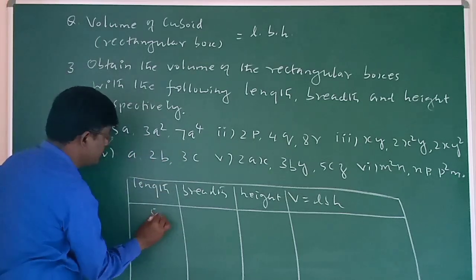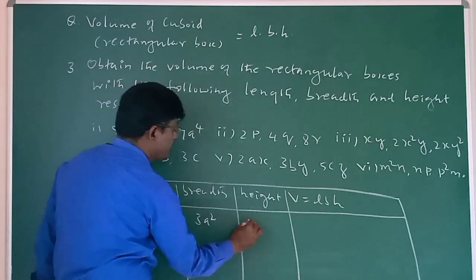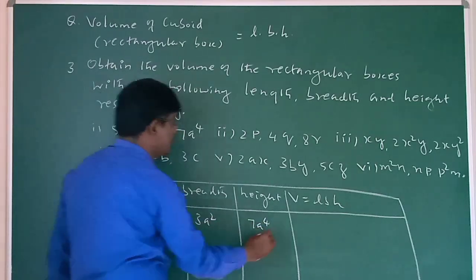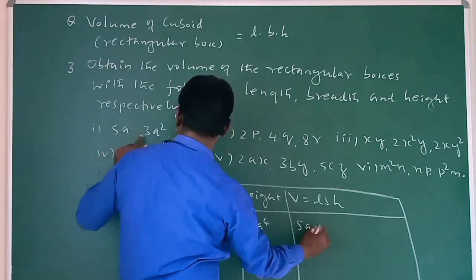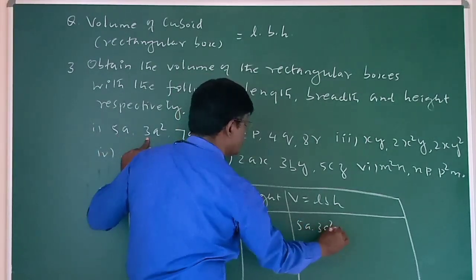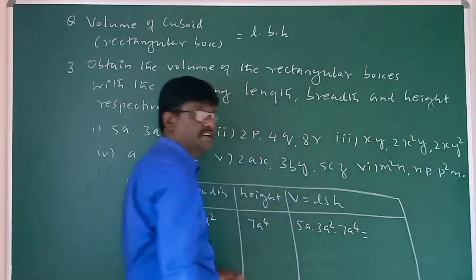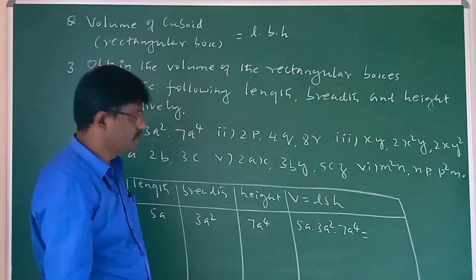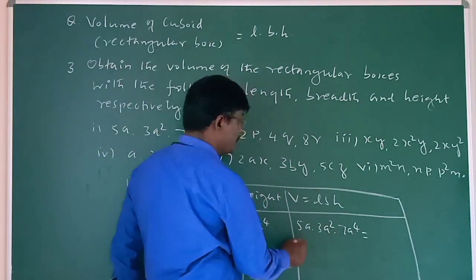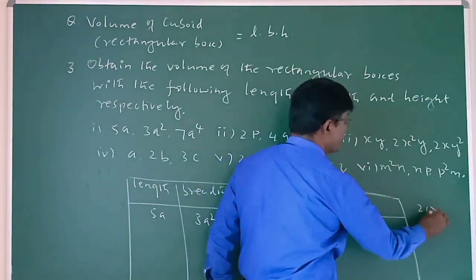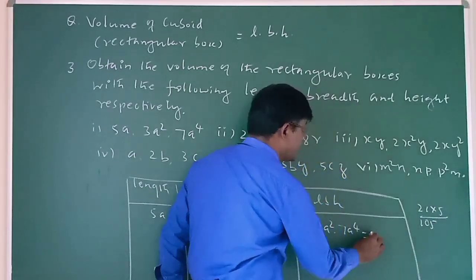Length is 5a, breadth is 3a square, height is 7a power 4. Then volume is nothing but the product. Hence 5a into 3a square into 7a power 4 equals, first let us multiply the coefficients. 7 3s are 21, 21 into 5, 5 1s are 5, 5 2s are 10, 105.